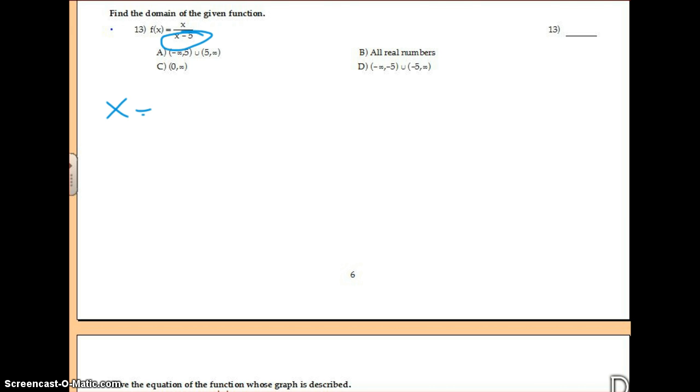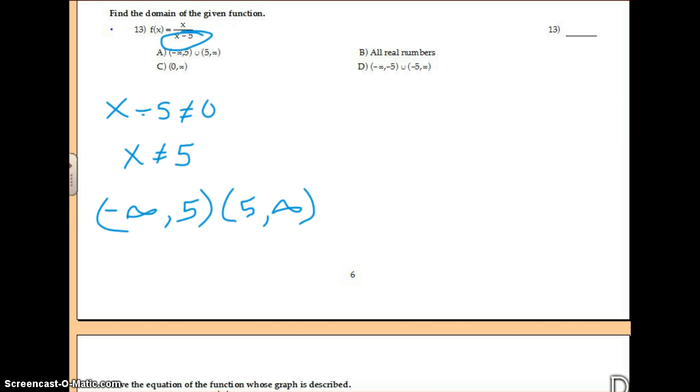I'm going to say x minus 5 cannot equal 0, and solve it so I know that x cannot equal 5. Anything else is going to work. So as I go along my x values, I can use anything from negative infinity up to 5, and then after 5 to positive infinity, which would be A.